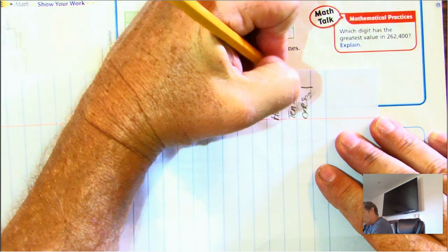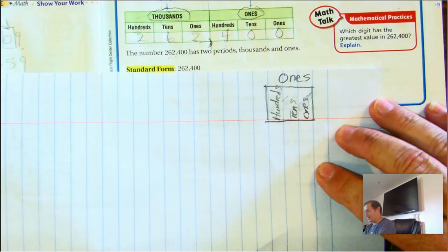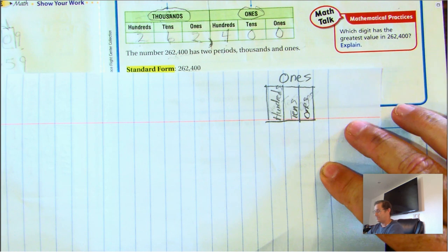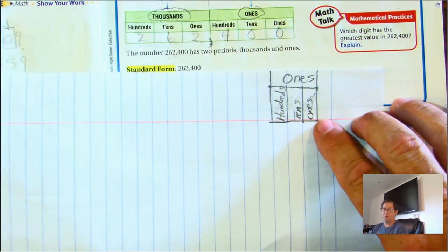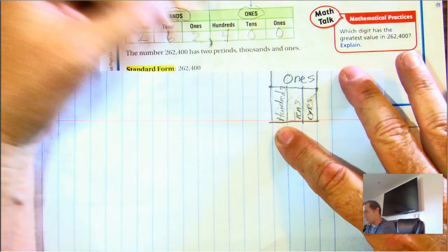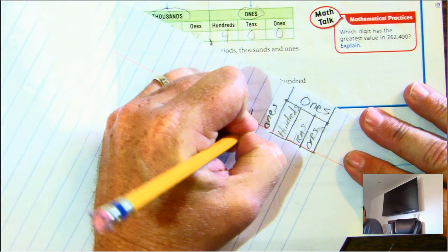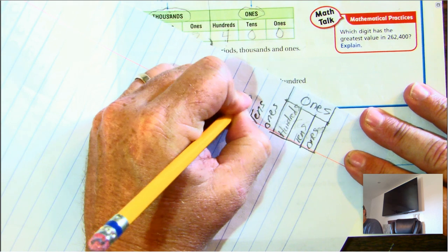This is going to be our ones period. So let's box that ones period and separate the place values with lines. In the ones period, we know that we're going to have ones, tens, and hundreds. And then our next period is the thousands. They're also going to have ones, tens, hundreds.